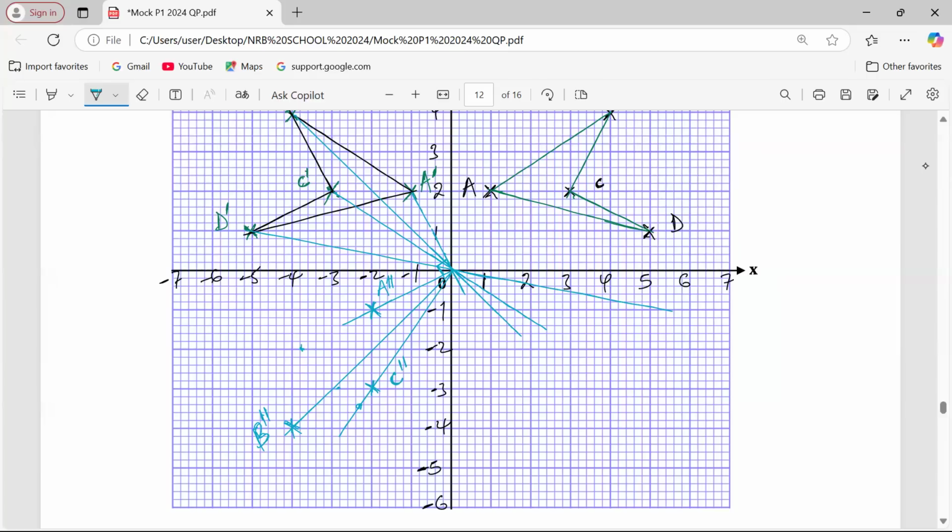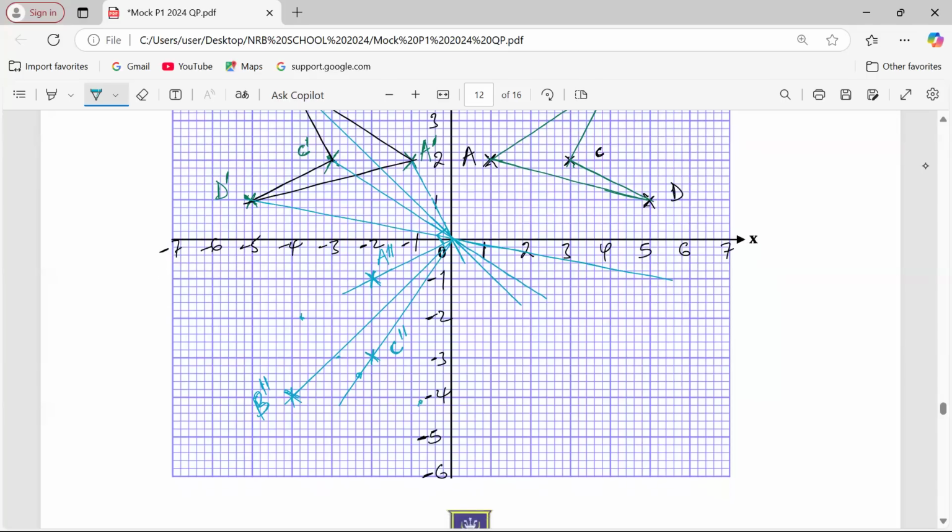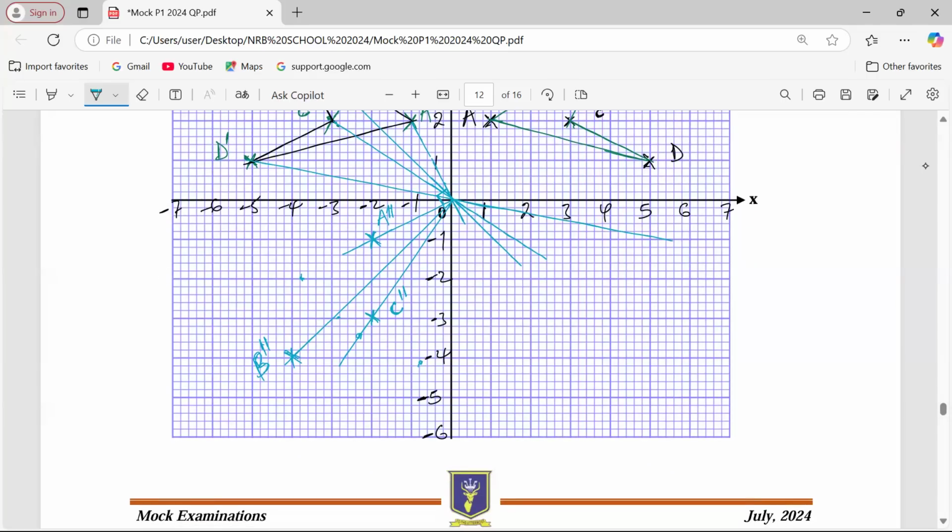Remember, the 90 should be measured in anti-clockwise direction. Then I move an equal distance along that line. So along this line now, I'm supposed to move an equal distance, and I'll find myself at a point here, which is D double prime.